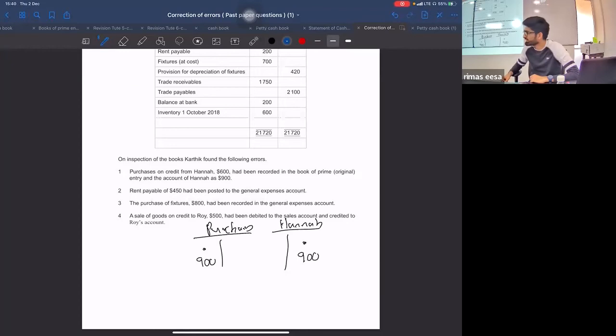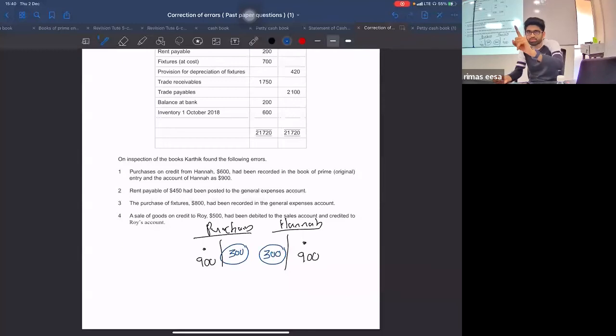How much extra have I entered? 300 extra. Should I enter 300 on the debit side or on the credit side? Credit side. I have to remove 300, right? If I enter on the debit side, purchases will increase further. So on which side will I enter in the purchaser's account? Credit. What should I do to the account of HANA? Debit 300. I have to remove 300, okay? Because the correct amount is 600. So how will I correct?